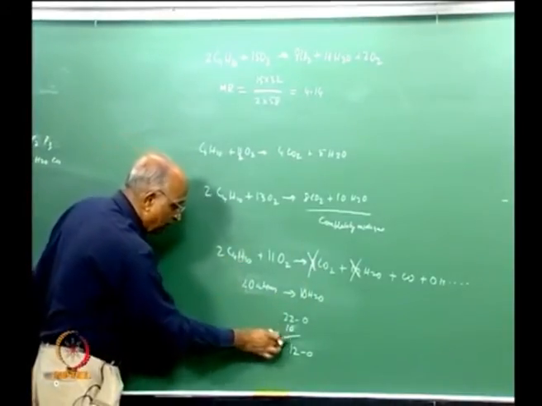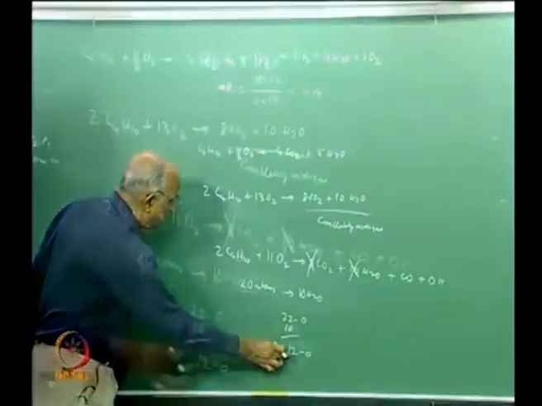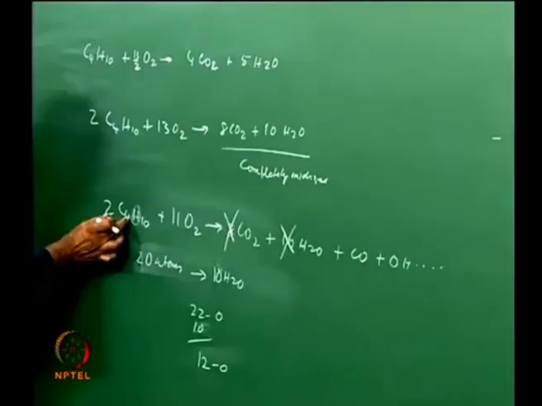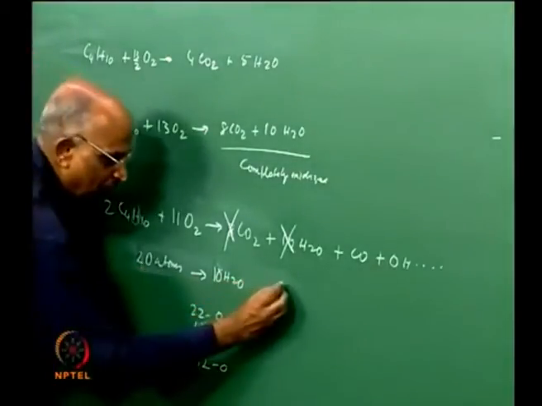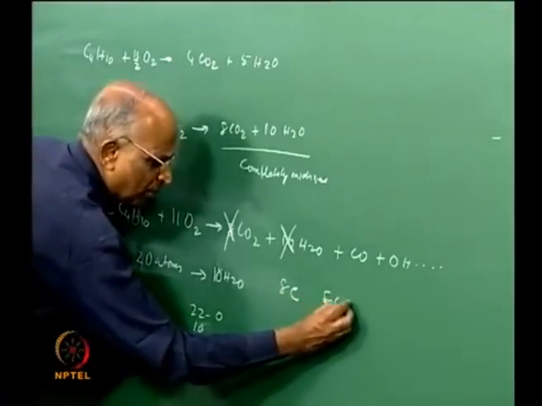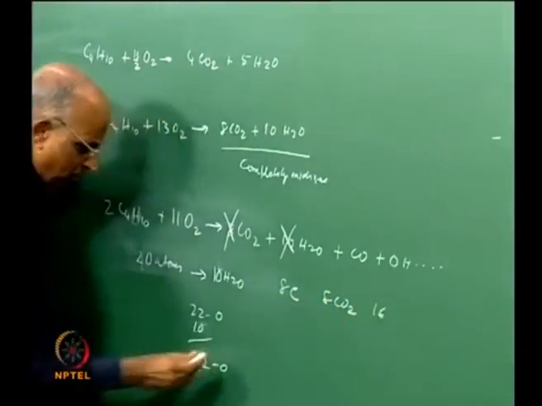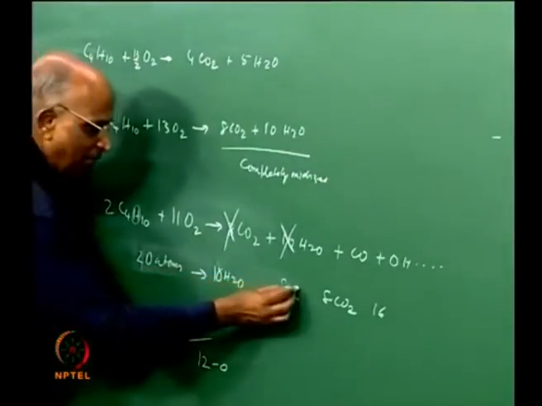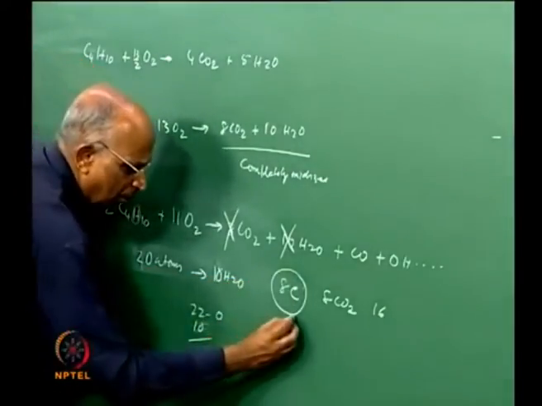I am left therefore with 12 atoms of oxygen, but I have 8 of carbon, and I cannot form 8 CO2 because this will require 16 atoms of oxygen, whereas I have only 12.